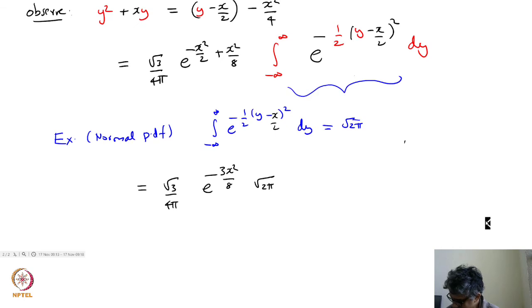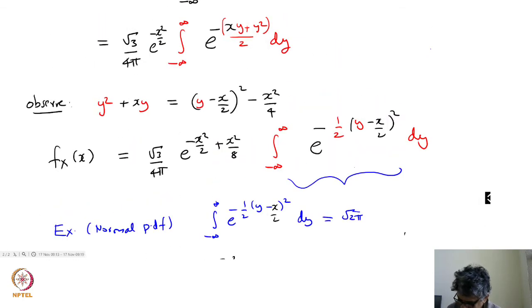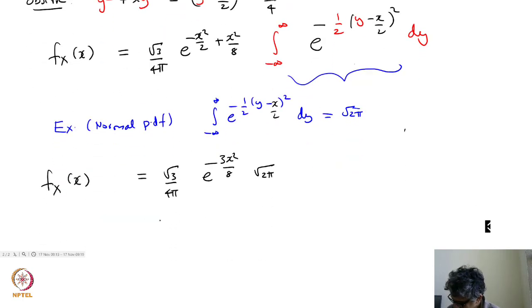Once I have this whole thing, for f sub x at the point x, go back up, f sub x at x is going to be equal to e to the minus 3x squared by 8, and I have a root 2 pi here and a 4 pi here.